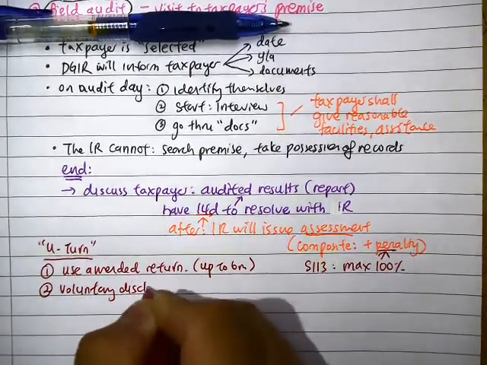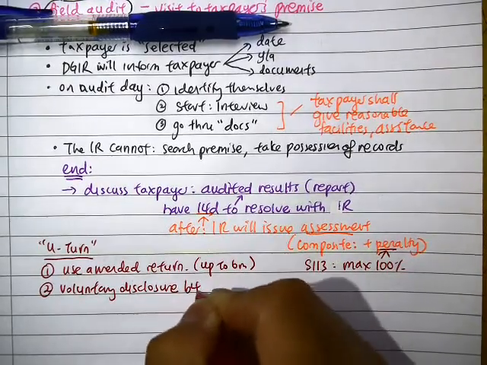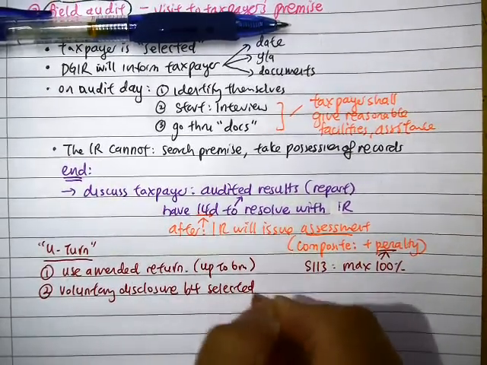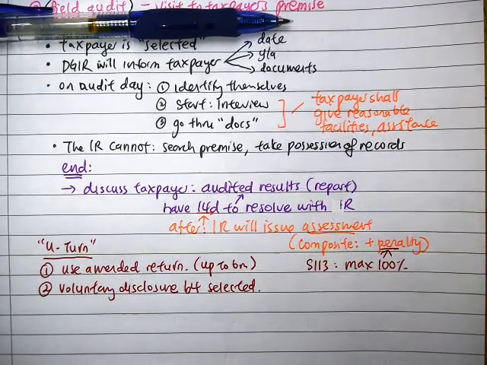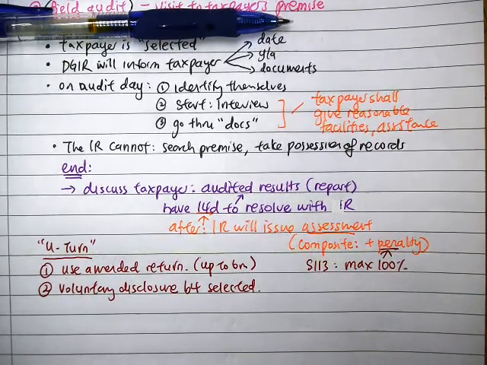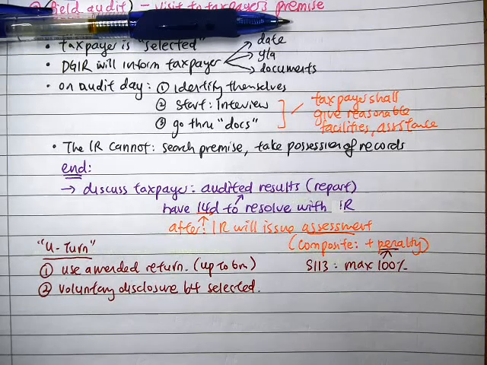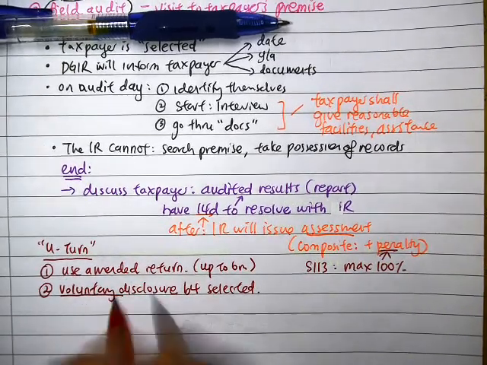Voluntary disclosure before being selected. That means before they pick you up, you go and surrender. You tell them, oh, I did this, I'm wrong, I want to admit.